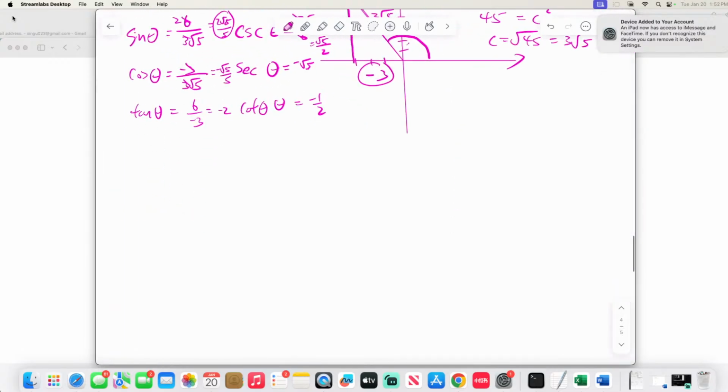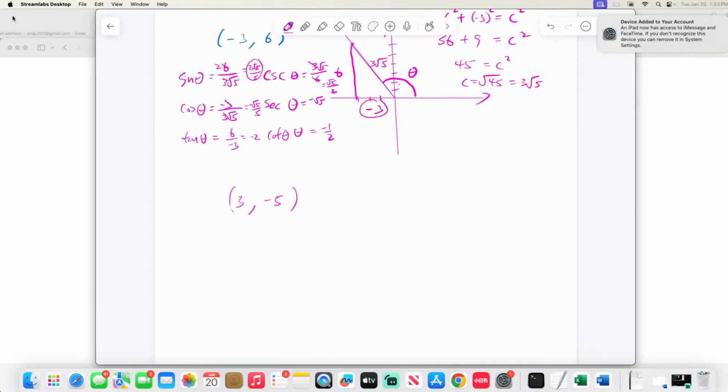So I'll give you one for you to figure out. So say if I have 1 and the -3, I want you to figure out all. Actually, hold on a second. Let's give you a better one. Sorry, let's do 3 and -5. And you have to figure out all 6 trig functions.